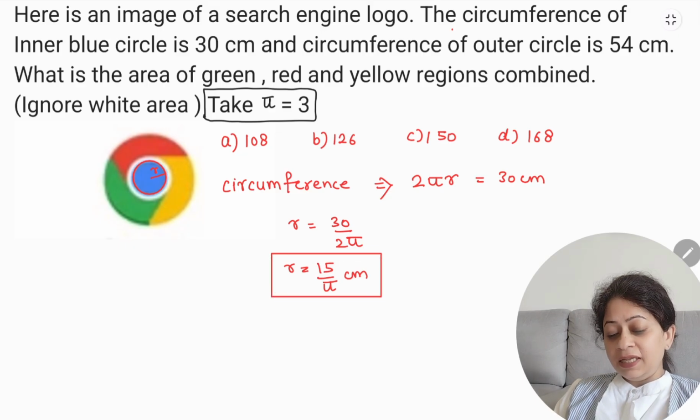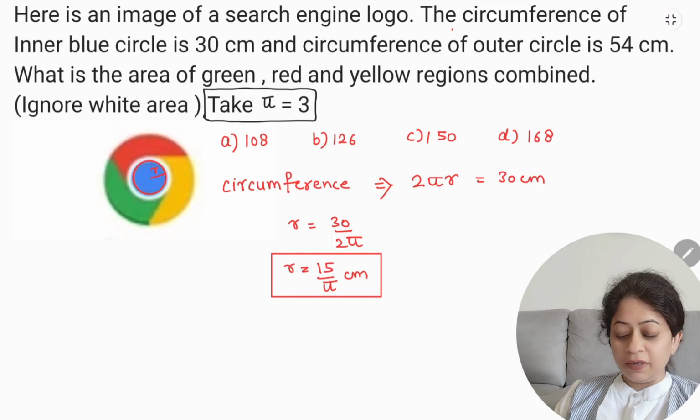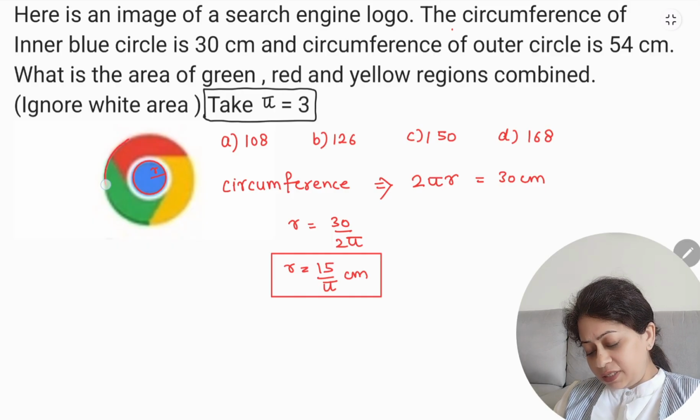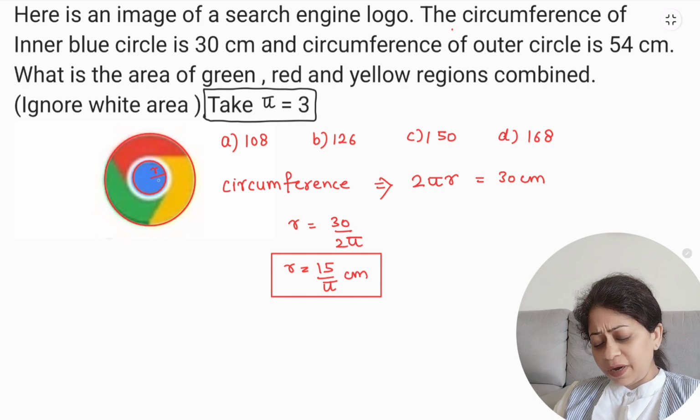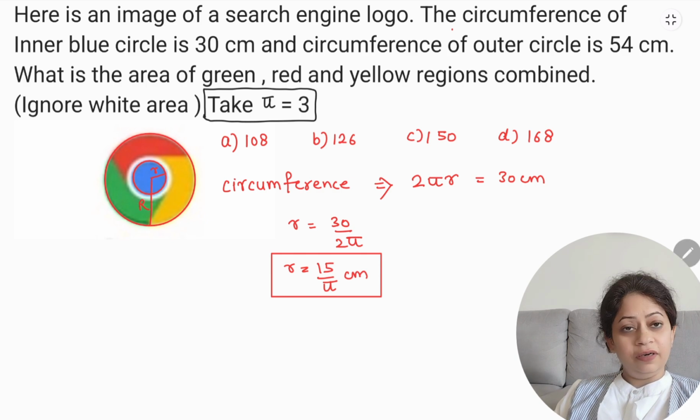Then they say the circumference of the outer circle is 54 centimeter. Outer circle means this circle, the bigger circle here. The circumference or the boundary length of this circle is 54 centimeter. So if I say this bigger radius is capital R, right?